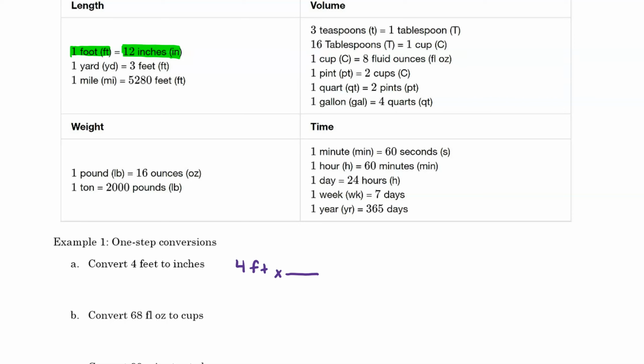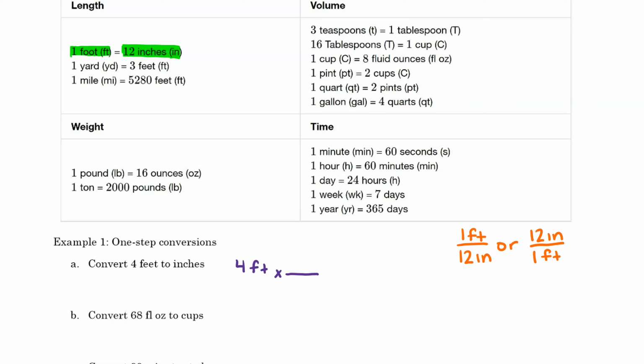So in my fraction, I either need to use 1 foot to 12 inches, that ratio, or I use 12 inches to 1 foot. And the trick is knowing which one of those to use.